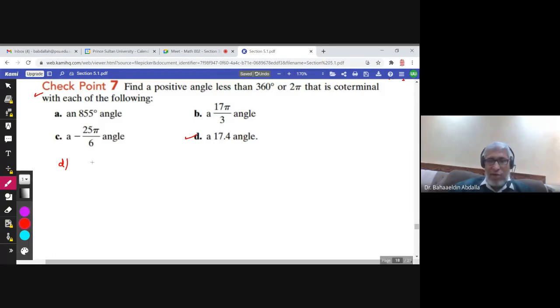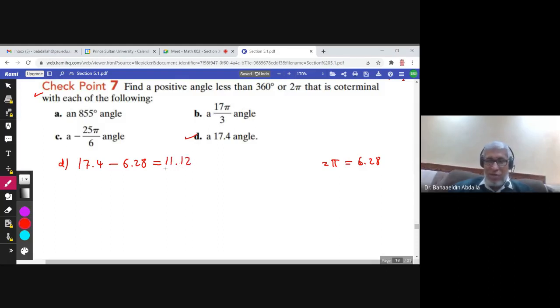So I will write 2 pi as 6.28, and I will start subtracting. Why subtracting? Because I need a positive angle less than 6.28. If you subtract 6.28 from 17.4, you get 11.12.